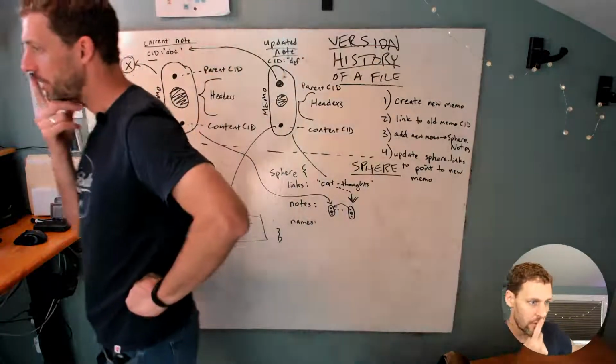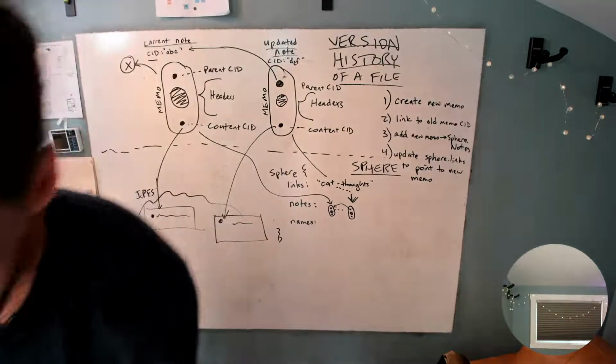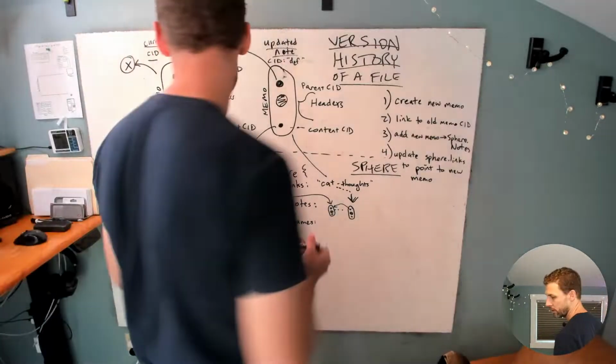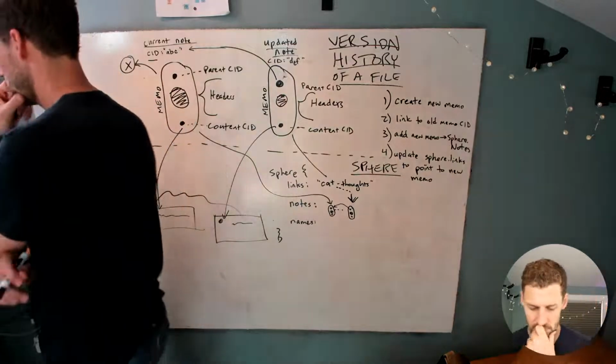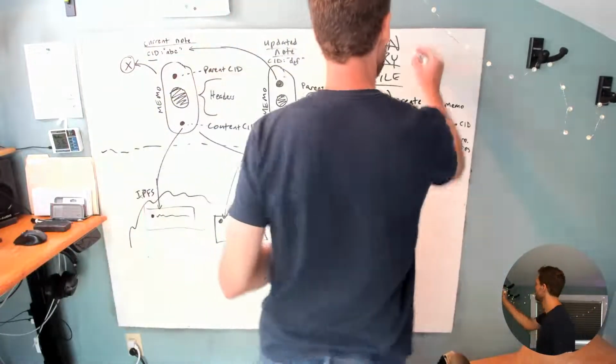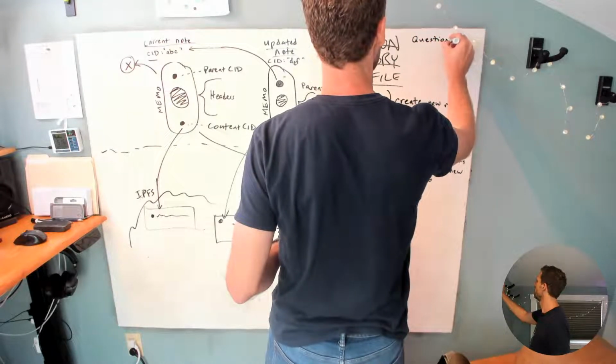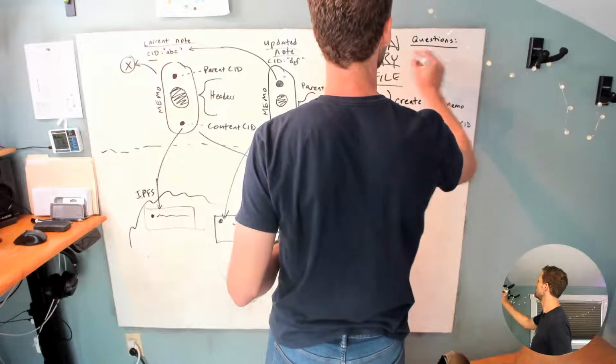I'm going to remove, because this feels like a rename. This is another Sphere question. Like, how would renaming titles of notes work? How should that work? So let me write down questions.